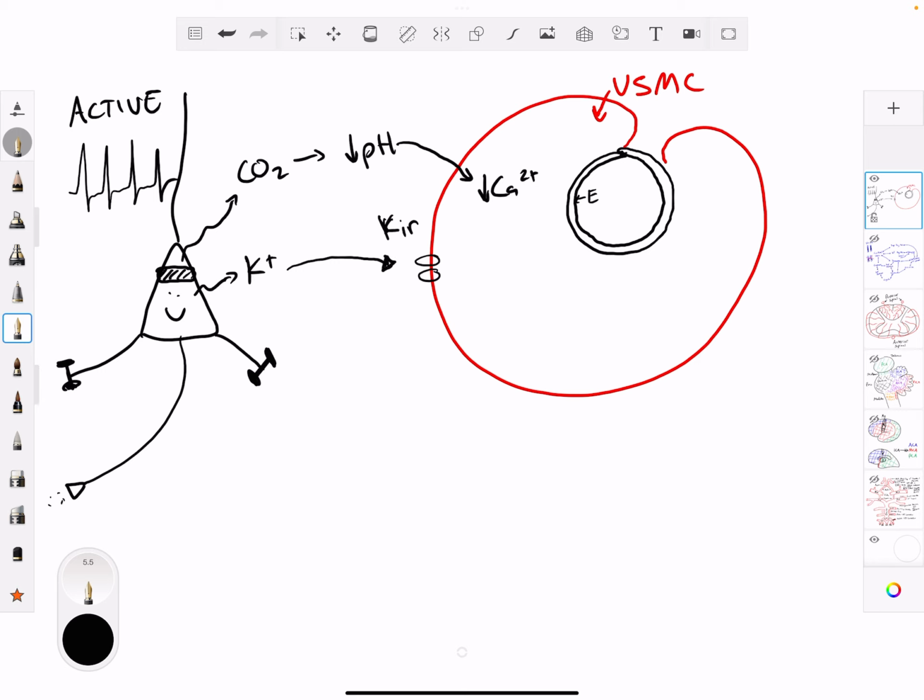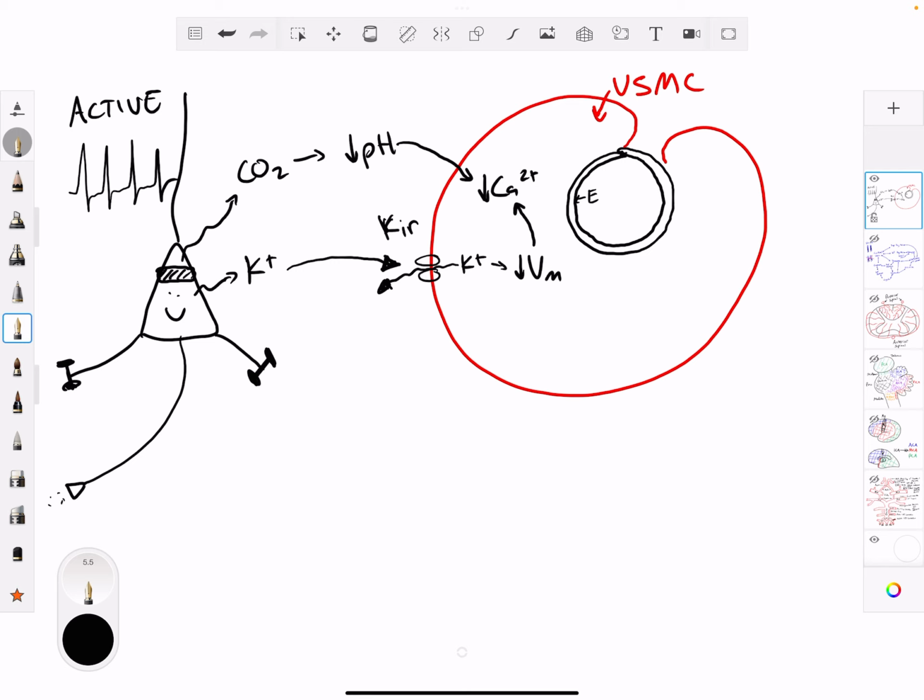It's a potassium channel. But notice pointy arrow. So what happens? We spit out more potassium from this vascular smooth muscle cell, which leads to hyperpolarization, which also decreases the amount of calcium floating around.